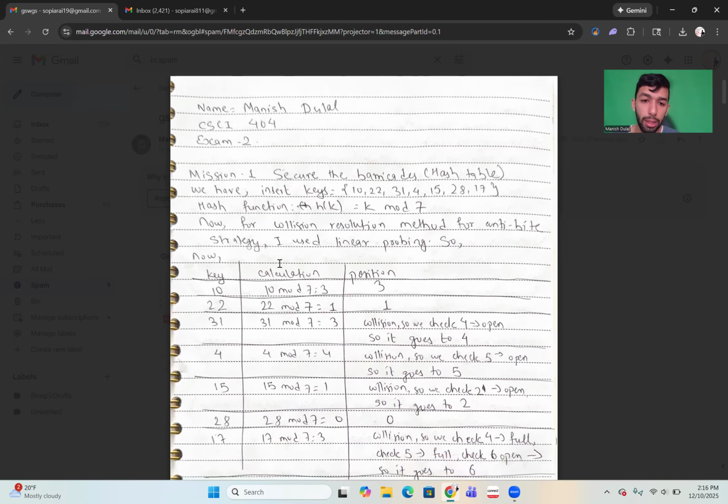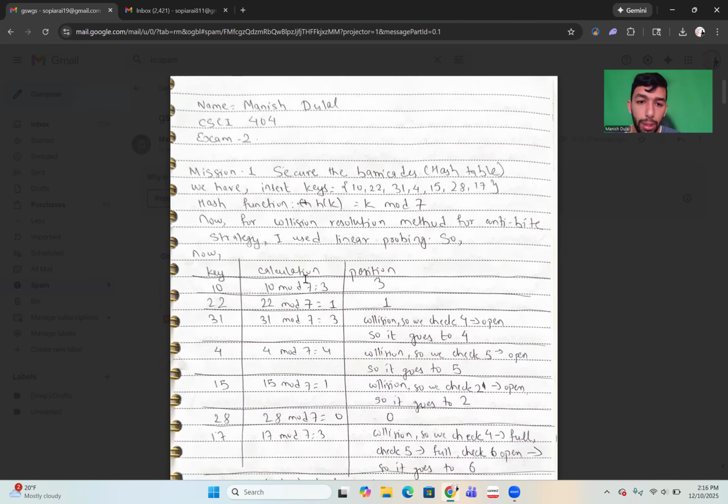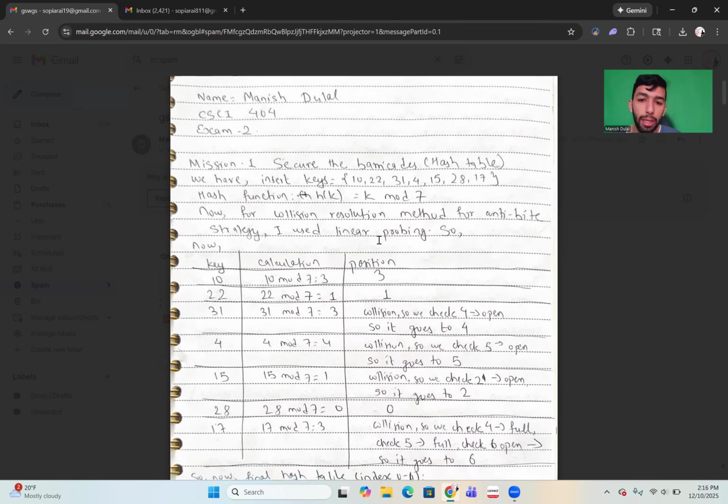What I did was, first of all, we had the insert keys given to us, and we had to find the hash table using mod 7. Our insert keys were 10, 22, 31, 4, 15, 28, and 17.